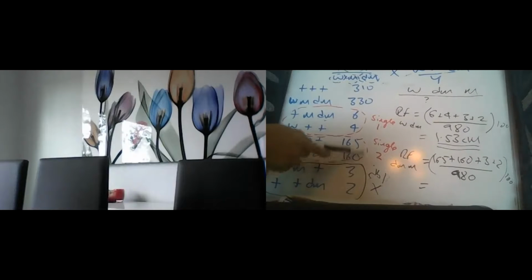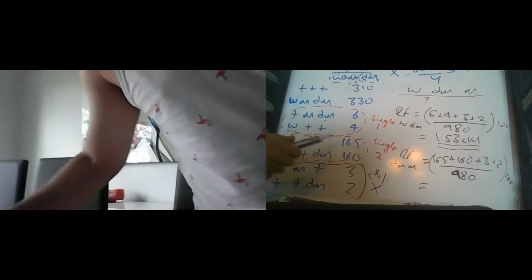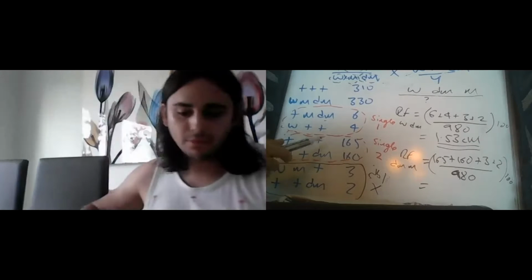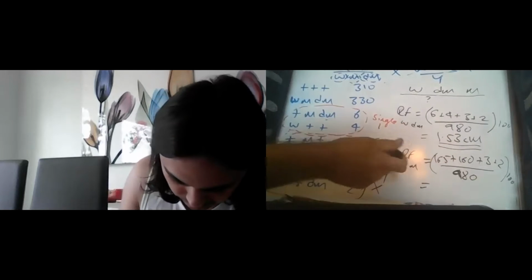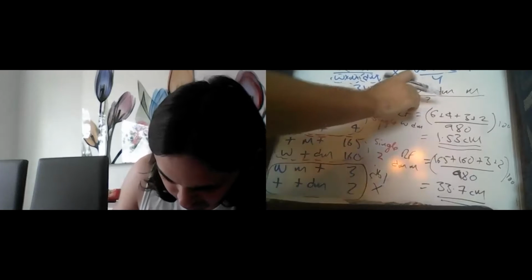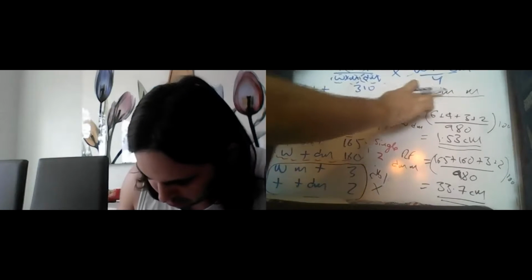Now we need the data from our other single crossover event, which is this one. Add those together, divided by the total, times the whole lot by 100, and you get, we're just going to round up to 1 decimal place, 33.7 centimorgans.